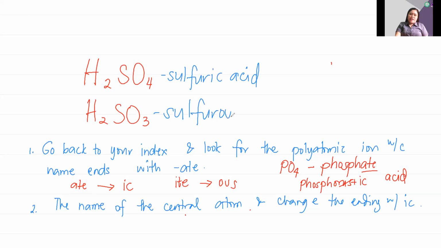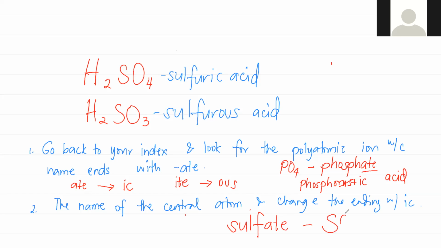Sige, let us check if these two are correct. Now, SO4 and SO3, if you look at your index cards there, alin dyan ang tinatawag na sulfate? Yung SO4. So SO4 yung may 8 (ate). That is why class, this is correct.